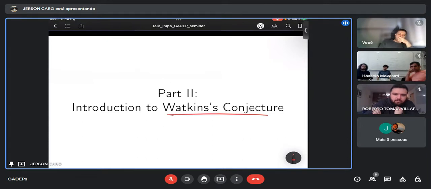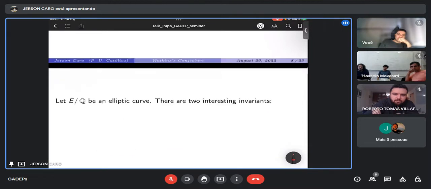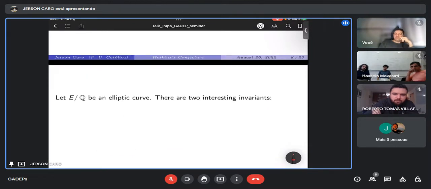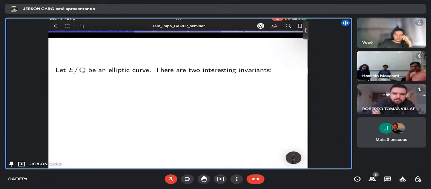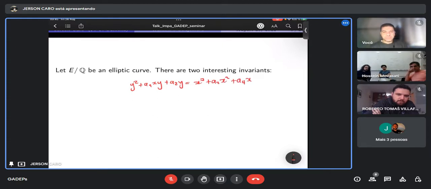What is Watkins conjecture? Okay, the thing is that we have an elliptic curve defined over Q. What you can think about that is you have an expression of this form: y squared plus a1 xy plus a3 y equal to x cubed plus a2 x squared plus a4 x plus a6.